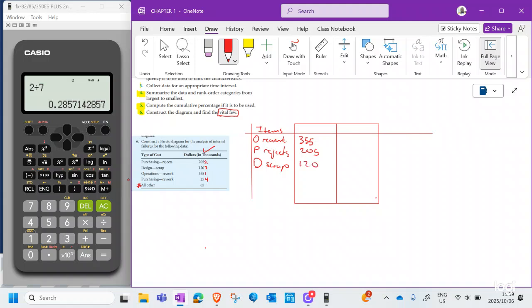Then purchasing rework is 25. And then all other stays at the end there as 65. Then this is your current dollars.